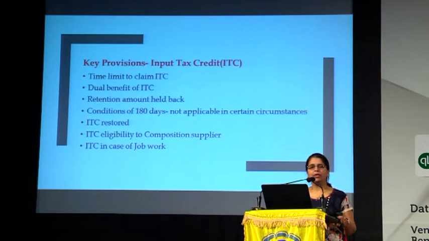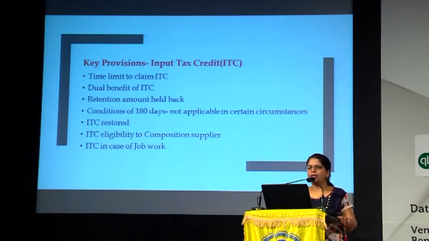Now the most important is the time limit to claim credit. This is painful for all of us now. Why? Because the time limit has already elapsed. What is the time limit as per subsection 4 of your CGST Act? It clearly says that the input tax credit can be availed on a tax invoice or on issuance of a debit note within the due date of filing of the return of September or the annual return, whichever is earlier.